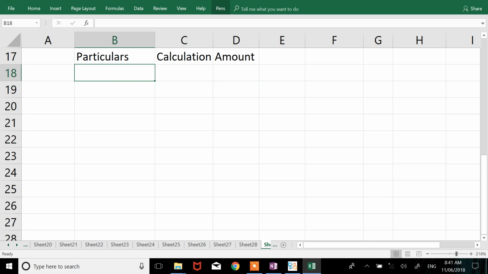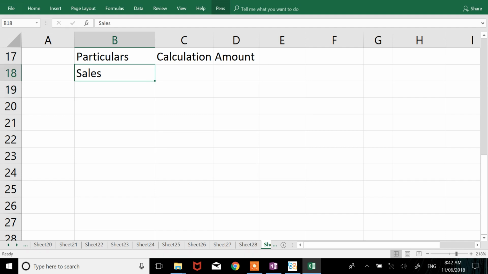Particulars, calculation, amount. Sales: 40 units into what selling price? Read it and let me know.